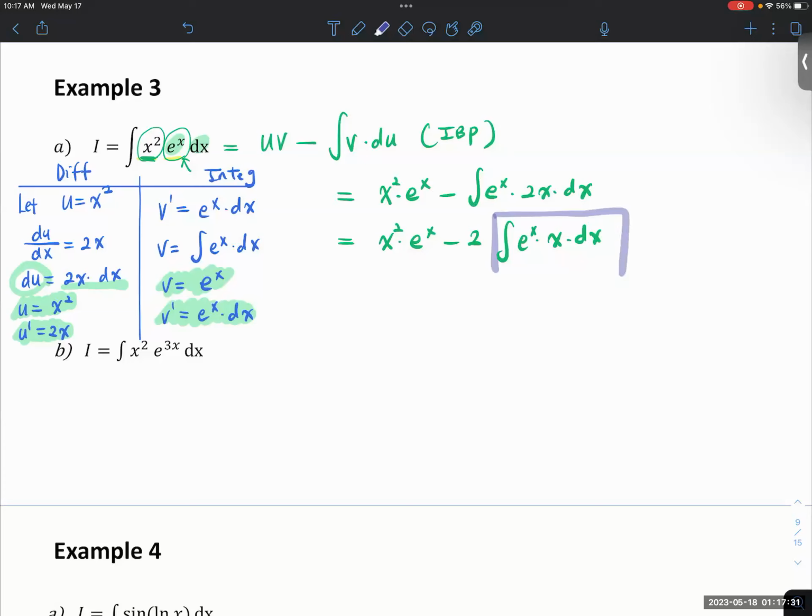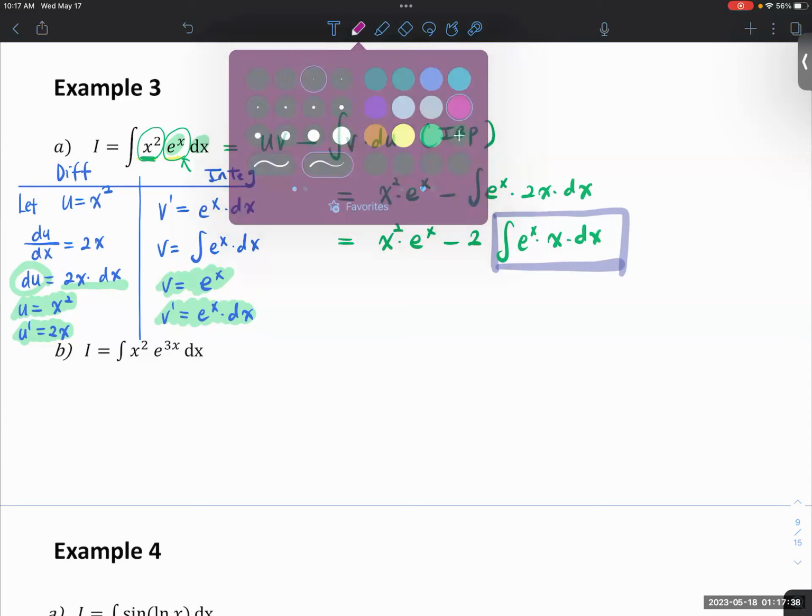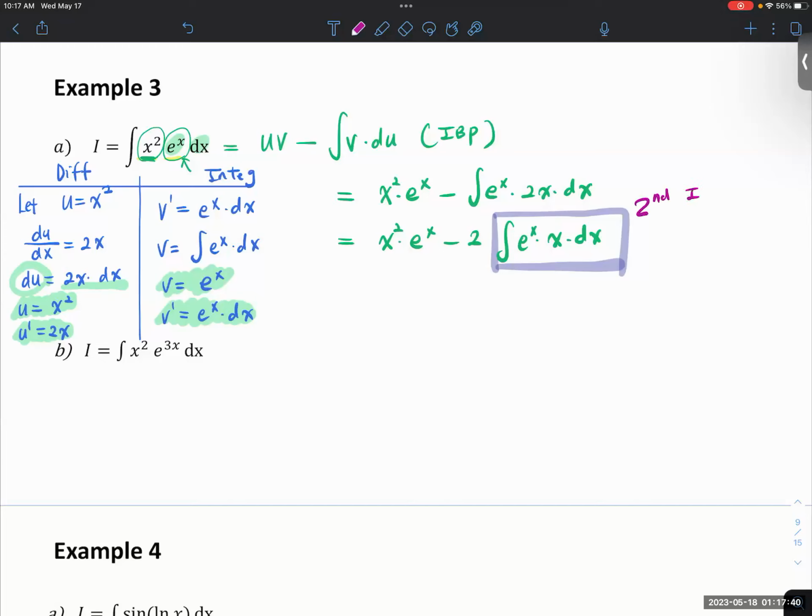what happened? Again, a product of 2 functions. So you are going to use a second IBP method, because there's another product of 2 functions. We already finished the first IBP, but there's a second one.